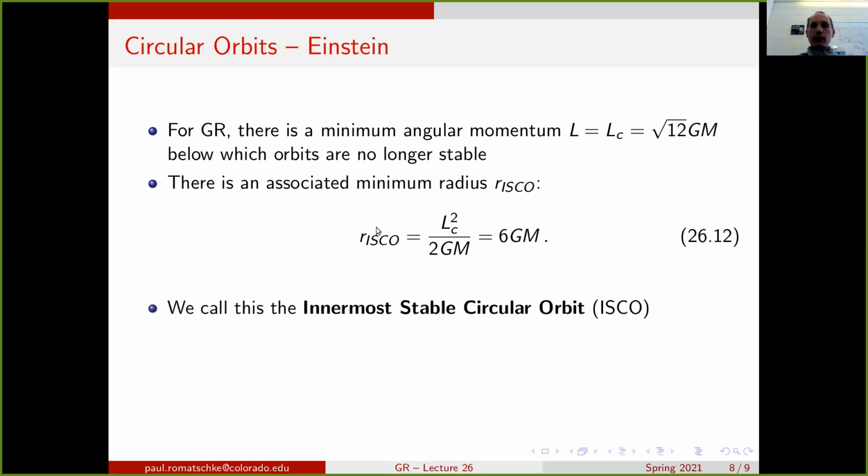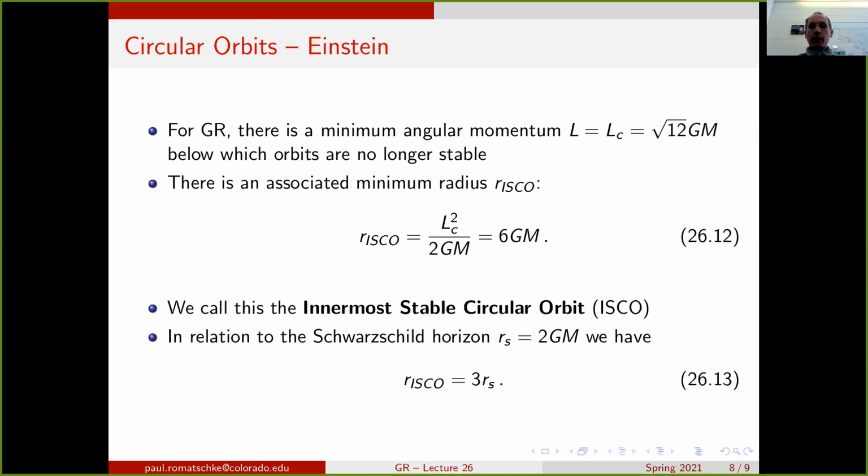This radius is known as the innermost stable circular orbit, or ISCO for short, and that's a very useful quantity to know in general relativity. You should compare this innermost stable circular orbit with the Schwarzschild horizon, which is located at 2GM, and you find that ISCO is exactly 3 times the Schwarzschild horizon in a Schwarzschild geometry.